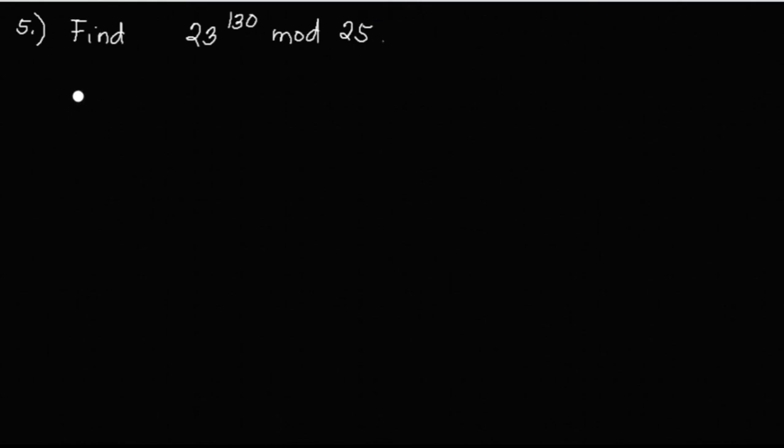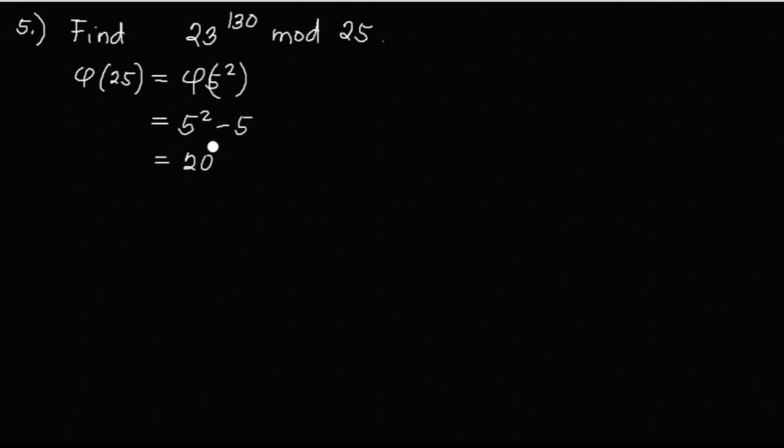So, first step is to find phi of 25. Now, using rule number 2, we can rewrite this as 5 square, 'di ba? Phi of 5 square. So, that is equal to 5 square minus 5. And 5 square is 25, minus 5, that's equal to 20.